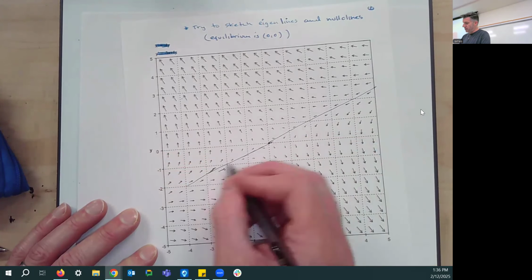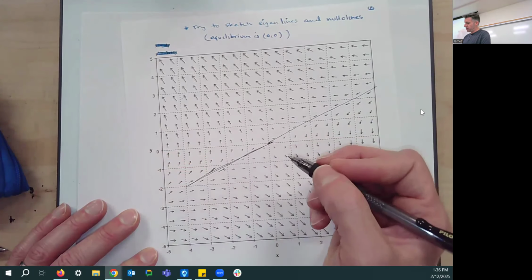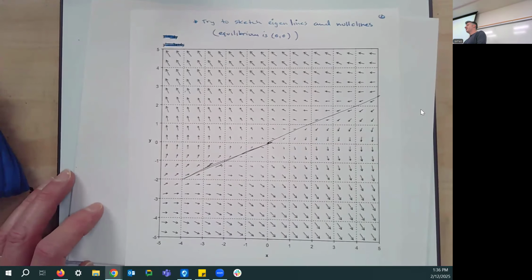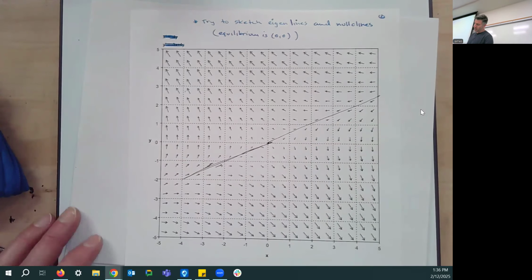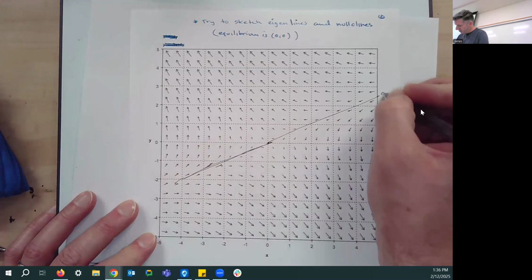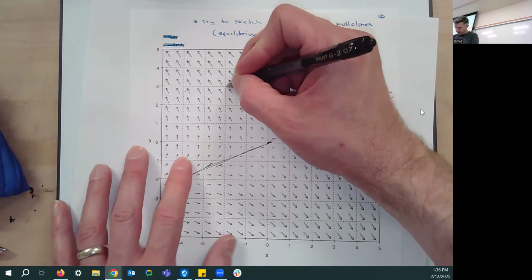So in between them, you can think they're pointing perfectly in that direction there. So this is an eigenline. And then there's also one in some other terrible direction, I think about this way.